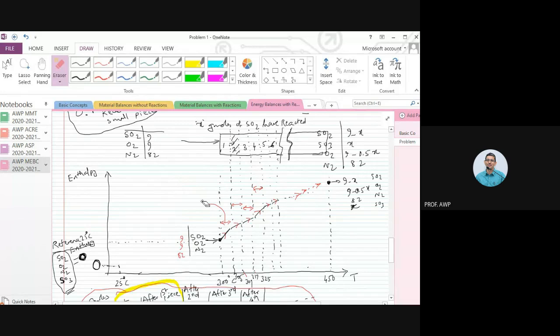Because enthalpy is a state function, rather than traveling by this black path, can I not travel by this red path?